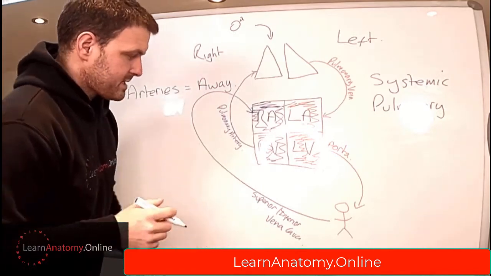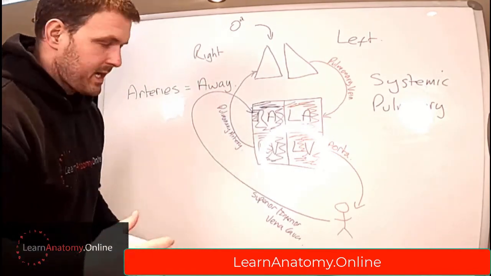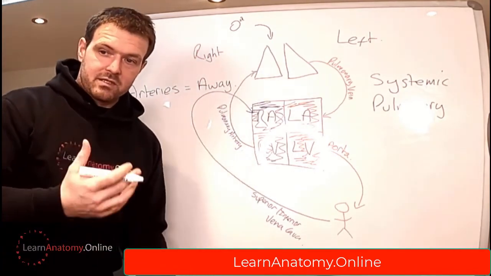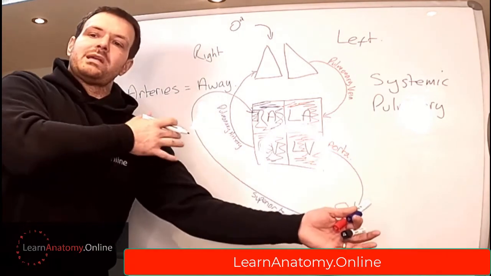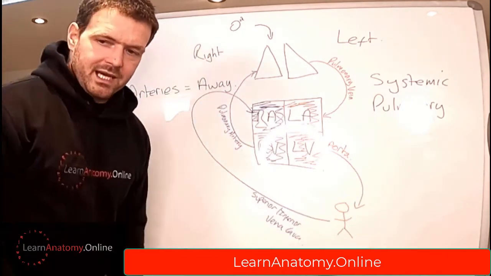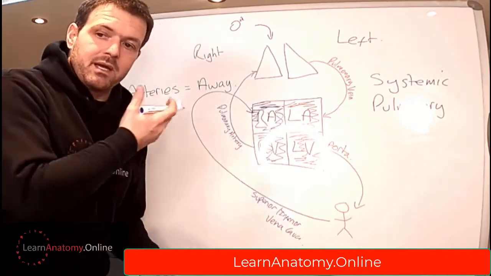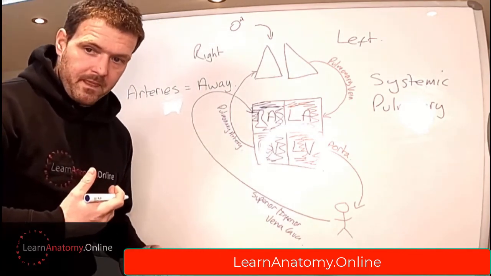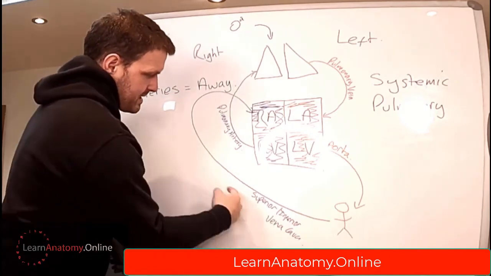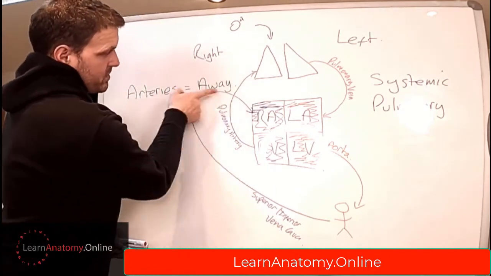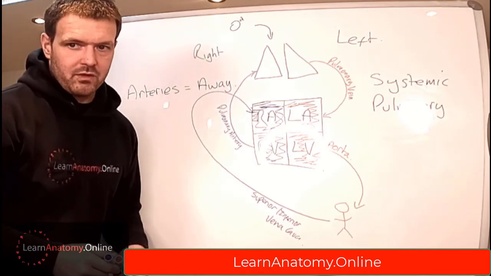Okay, and these are big veins. Okay, the superior vena cava drains blood from your head and your arms, and the inferior vena cava delivers deoxygenated blood from your lower extremity. Okay, so we've got two vessels that are coming back into that right atrium just there.